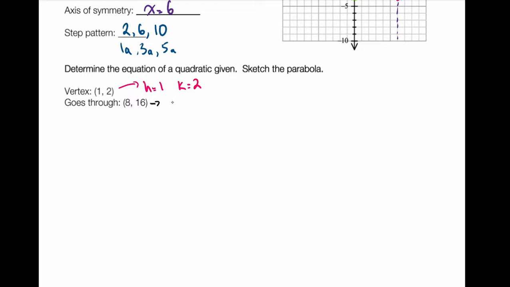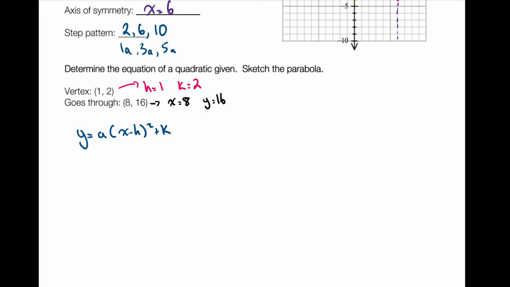Our point tells us an x and a y, so x is 8 and y is 16. And using all of that, we can plug all those values into our vertex form equation, y equals a (x minus h) squared plus k, and help us find our a value. Because the a value is the only other one we need, but we don't have it.